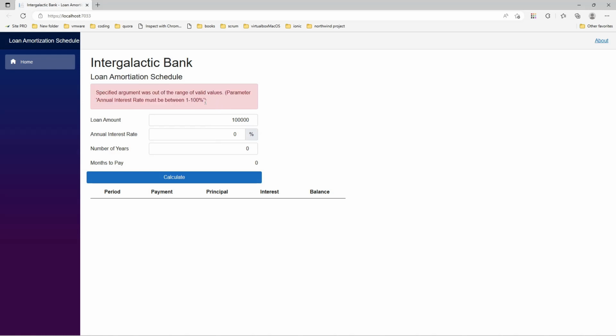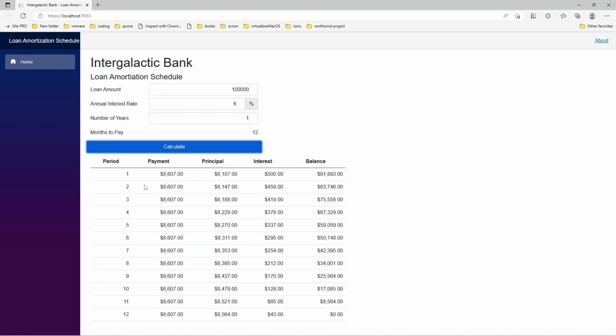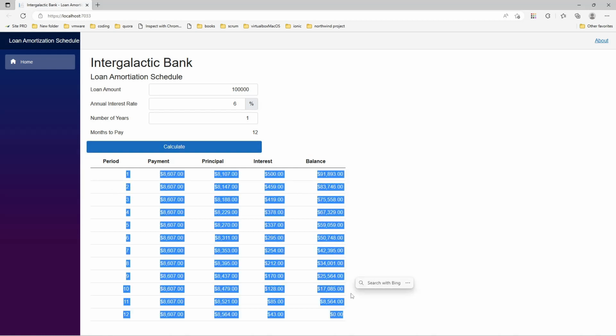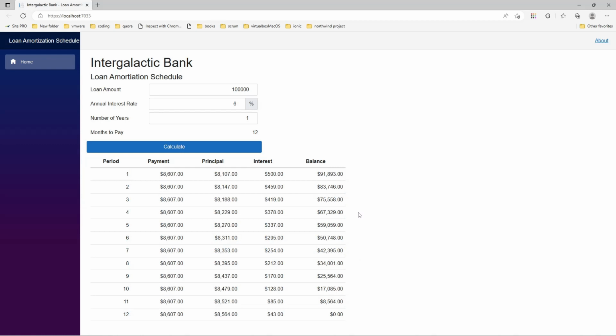For annual interest rate, set 6, calculate, and it still would not allow you to calculate. Then set the last field to 1 and calculate, and it would generate our schedule. Basically, that's how this application works.